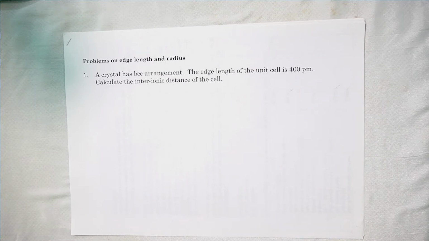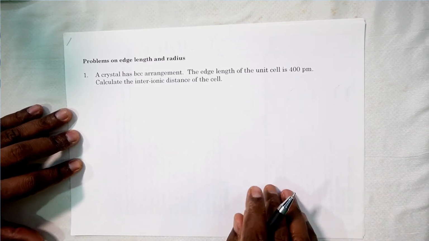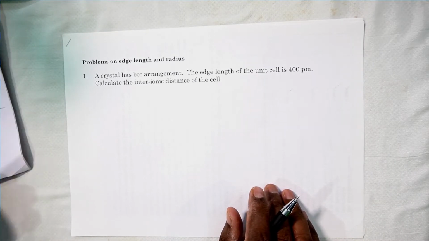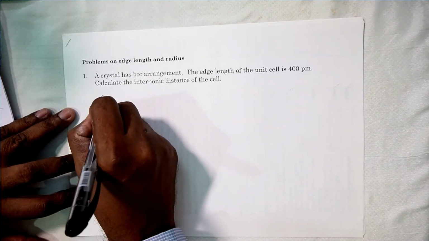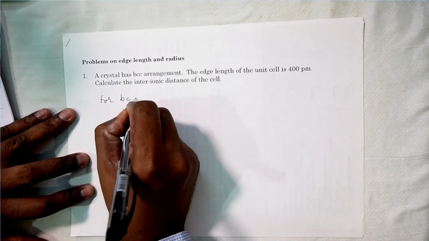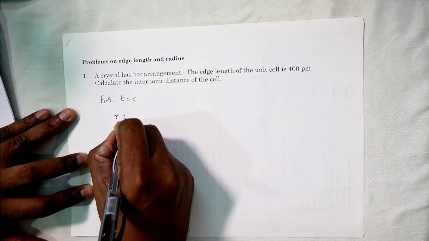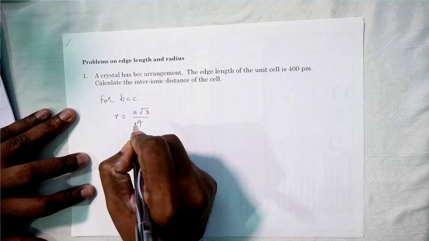A crystal has BCC arrangement. The edge length of the unit cell is 400 picometers. Calculate the interionic distance of the cell. Now here we have the BCC arrangement. We know for a BCC crystal, radius R is equal to A into root 3 upon 4.